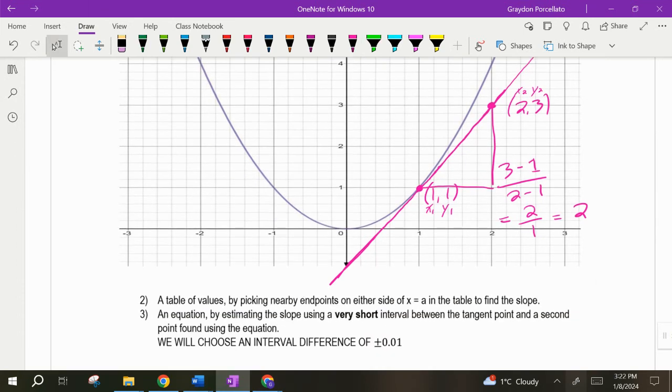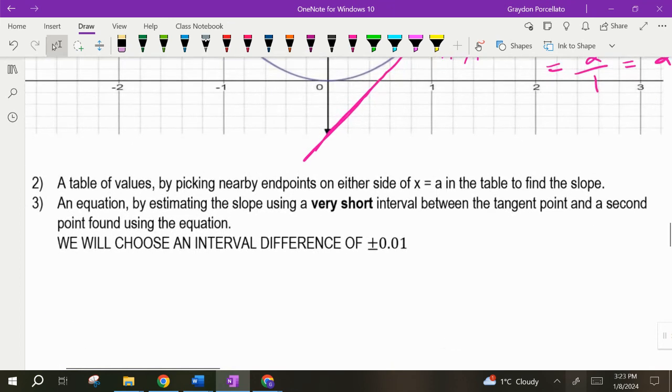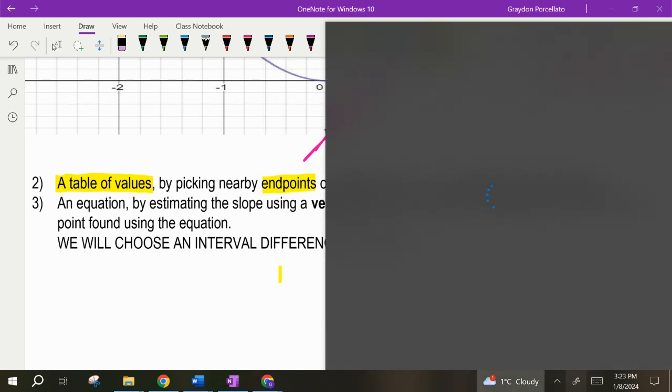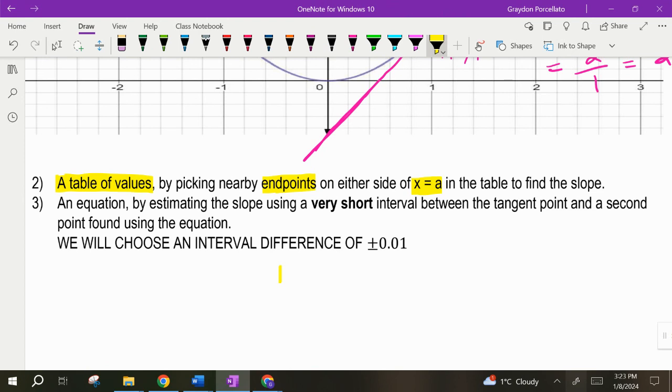Another thing you could do, and I'm going to do this in an example below, is if you're given a table of values, you want to pick endpoints that are on either side of the point that you're looking at in the table.